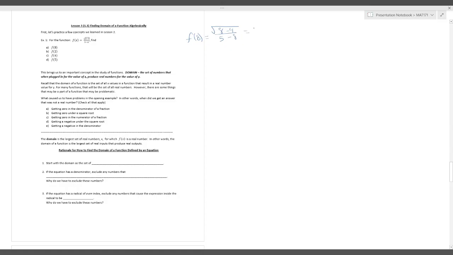And that gives us the square root of 4 over negative 3. And we can do that. The square root of 4 is 2, and we have negative 3.